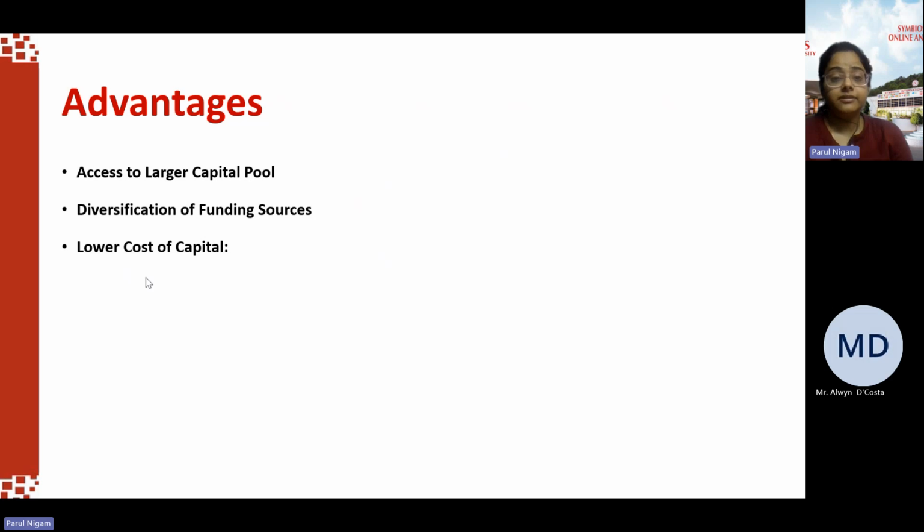Now there are certain advantages of overseas funding. First of all, you get access to a large set of investors. Since we get access to a large set of investors, we have a lot of options. If you confine yourself to one country, then obviously the resources are limited. Overseas funding can mean a lower cost of capital.